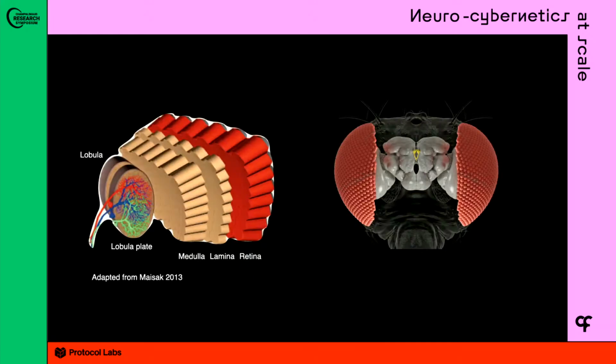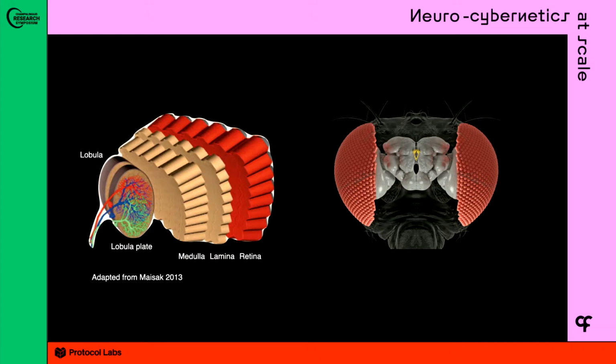Okay, a quick introduction to the fly visual system. The fly is highly visual. It has two large compound eyes that dominate its head. You can see that the pixels of the eye, the ommatidia, are organized in a perfect crystalline hexagonal lattice. That's really how it looks.